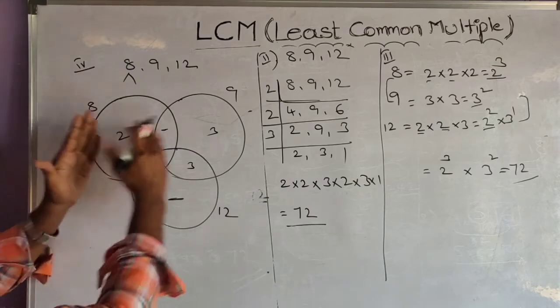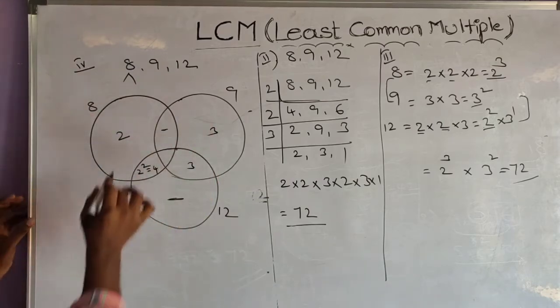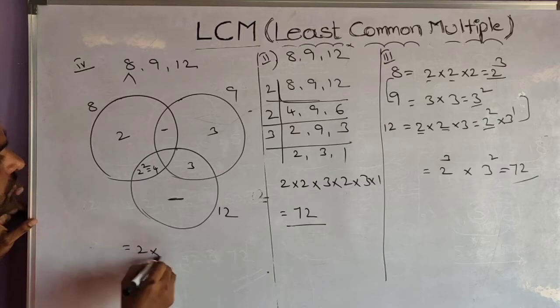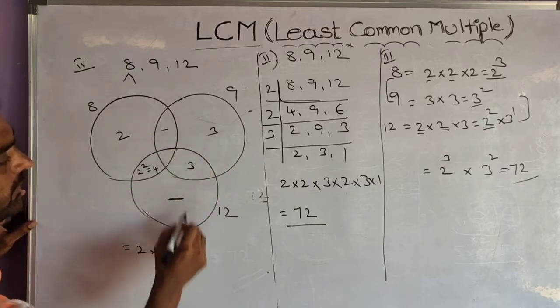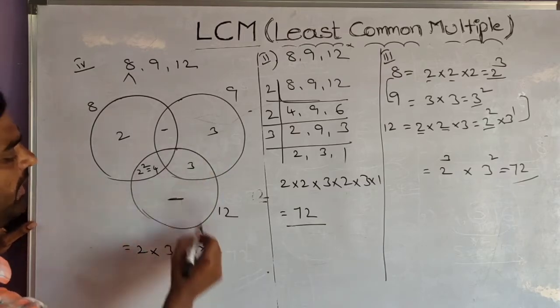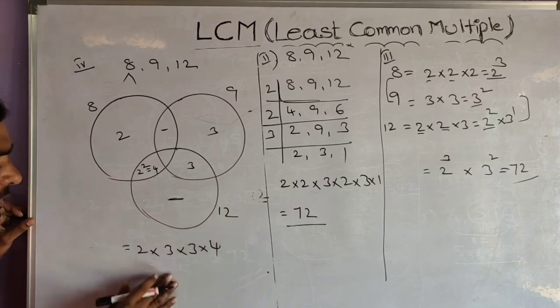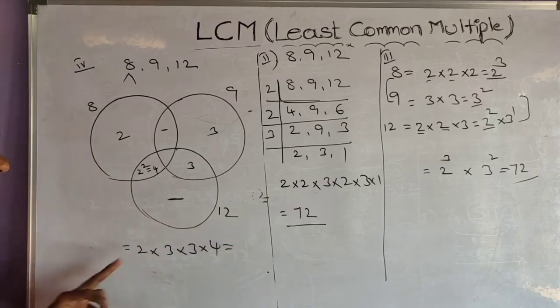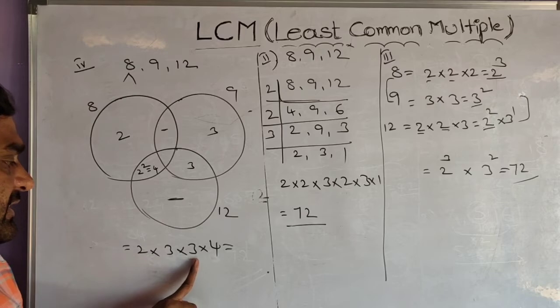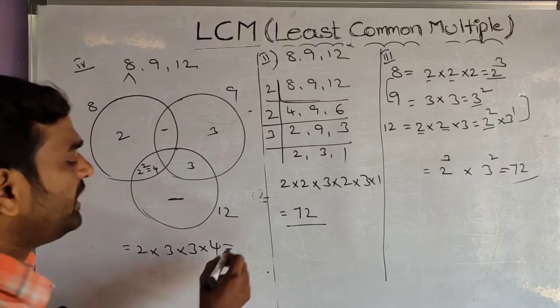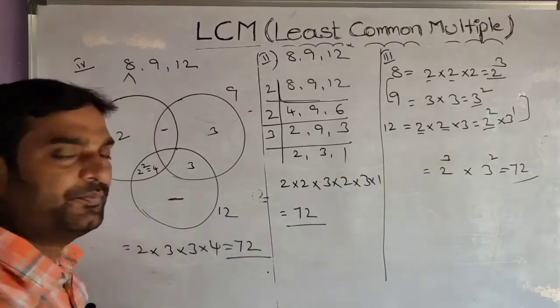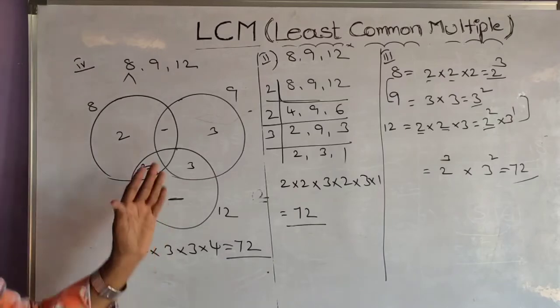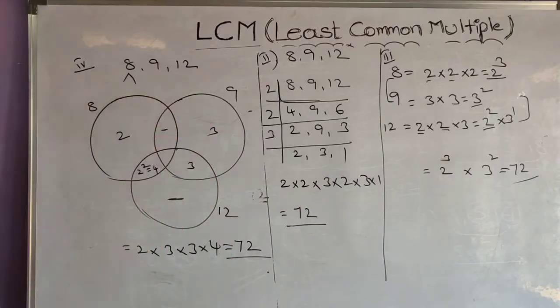Now, multiply these all. You will get the LCM. What are remaining? 2, 3, 3 and 4. 2 threes are 6, 6 threes are 18, 18 fours are 72. Okay. By Venn diagram, we can find the LCM by this method.